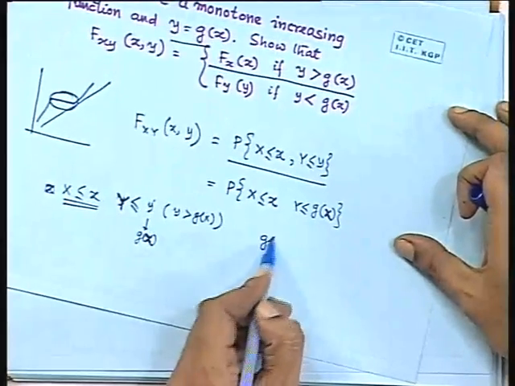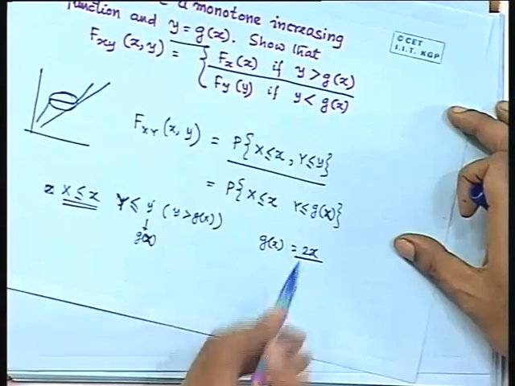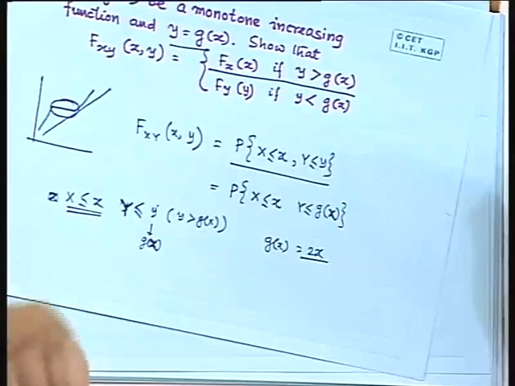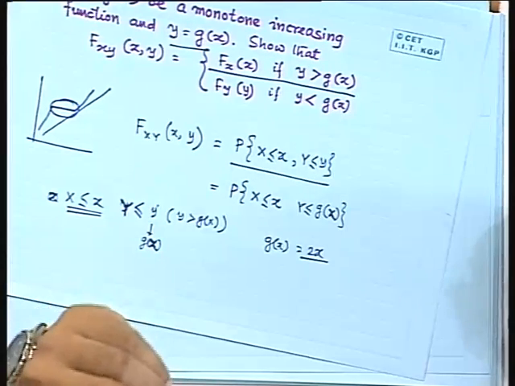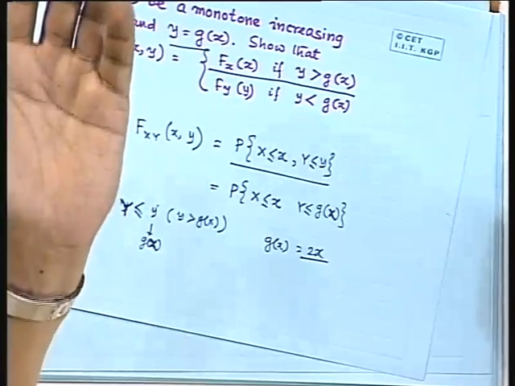Suppose, just imagine that g(x) is equal to 2x. So you are saying, what is the probability that X is less than or equal to 1 and Y is less than or equal to 3? It cannot happen that Y goes to 3. So basically Y is less than or equal to 2.